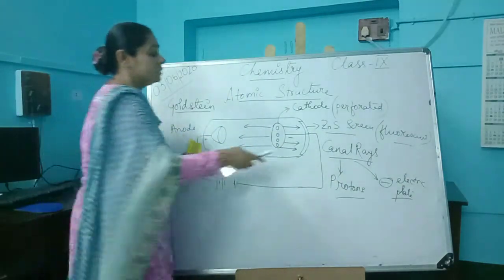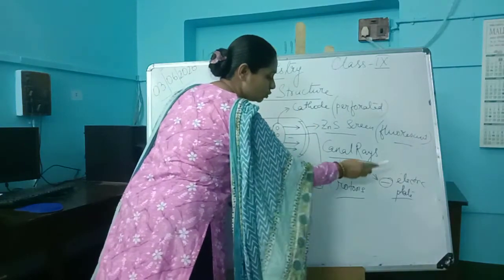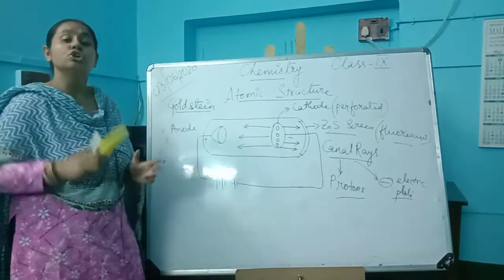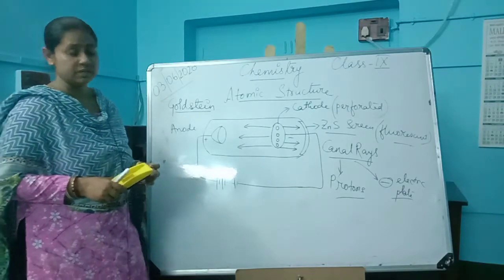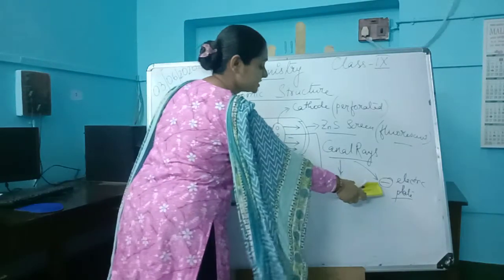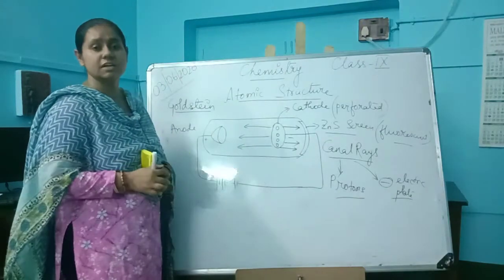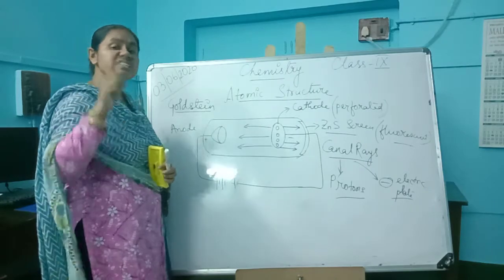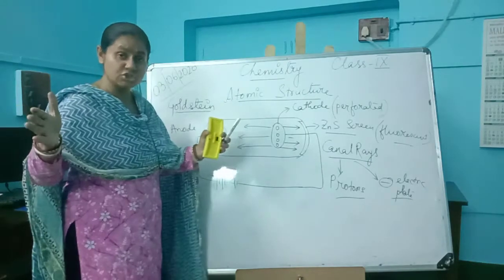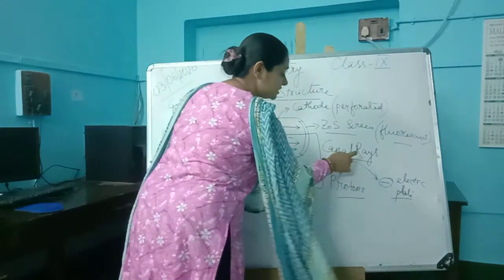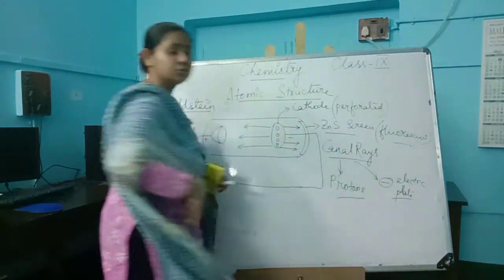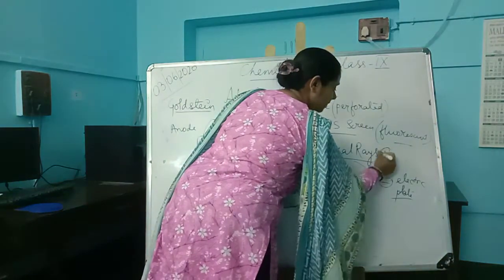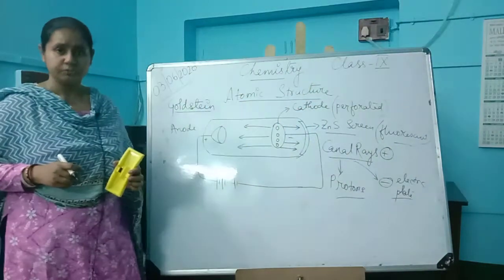Now once these canal rays showed bending towards the negative electric plate, what happens is, in the last class I told you that opposite charges attract each other, and similar charges repel each other. So since these canal rays were attracted towards the negative plate, that means the canal rays are actually positively charged, isn't it?